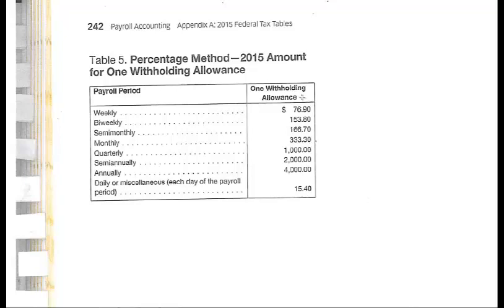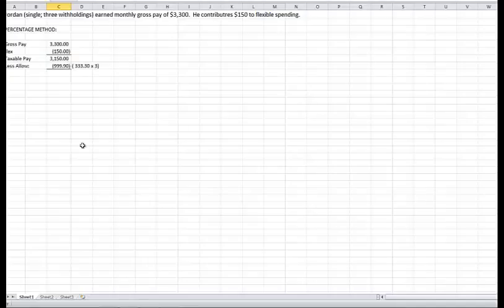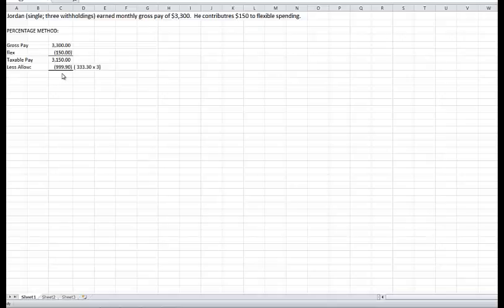Because remember, withholding allowances are not taxable. So he has 3 at $333.30. Okay, so 3 times $333.30 is $999.90. So when we back that out, we get a taxable pay of $2150.10.